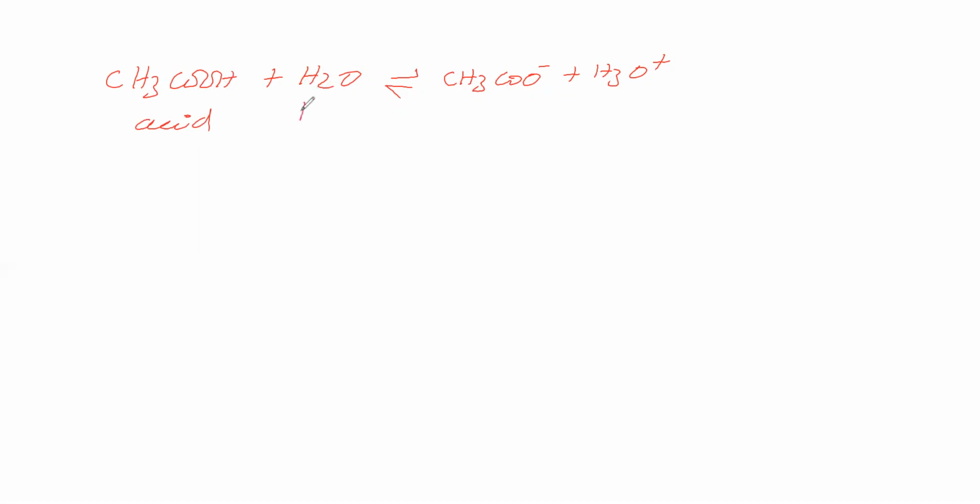Water takes H plus, therefore it is a base as per forward. As per backward, acetate is a base because it becomes acetic acid by taking H plus. H3O plus is an acid because it donates H plus and becomes water. Equilibrium constant is 10 to the power of minus 5.